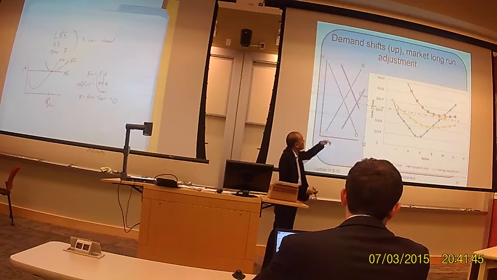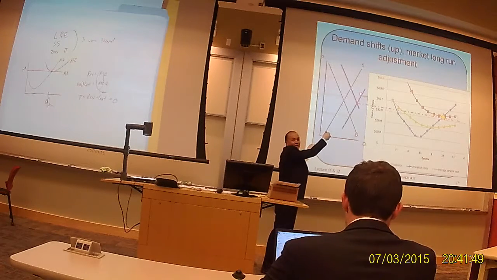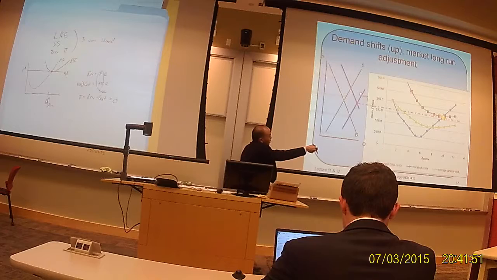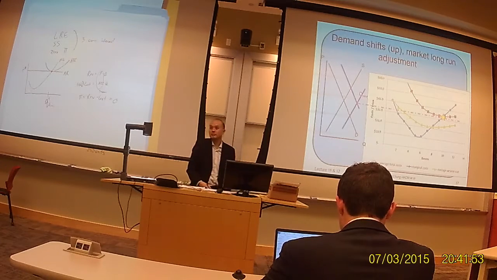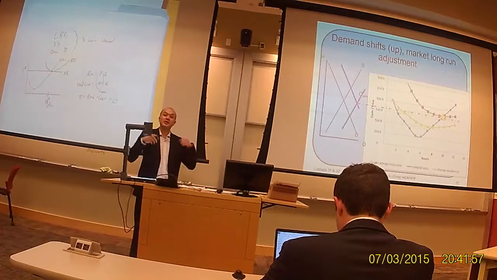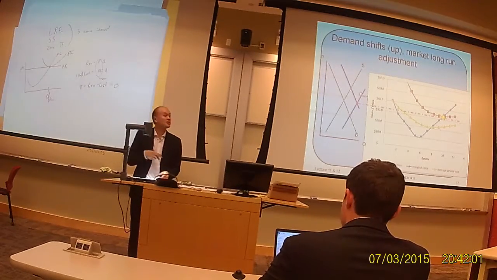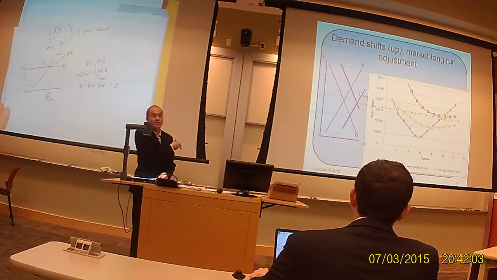Okay, there's a shift to the right. So price too high, price too high, price too high, price too high, price exactly right. Okay, and then we'll go back to the zero profit point. Then is there going to be entry or exit or neither? It'll be neither. Okay, the steady state, no entry or exit because there's zero profits at that point.